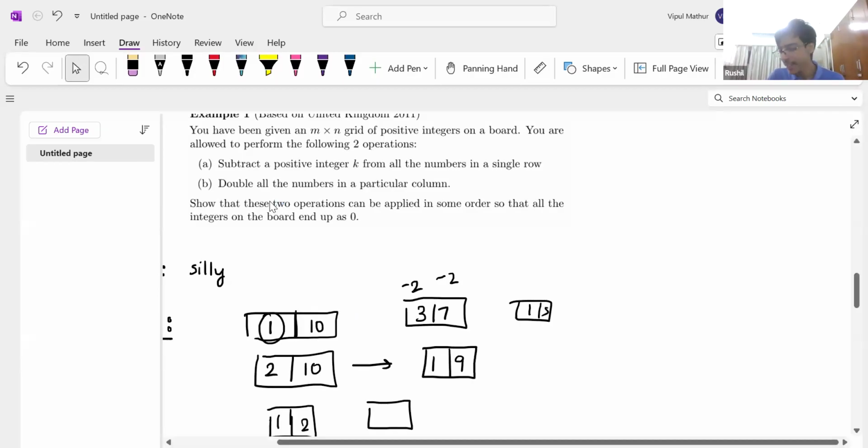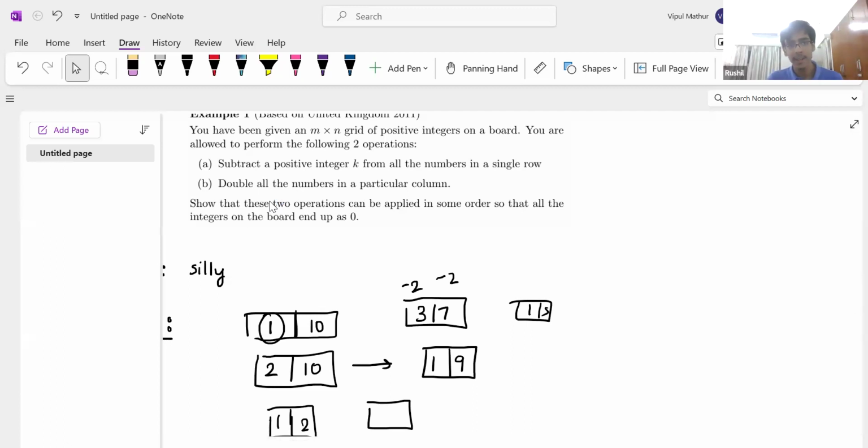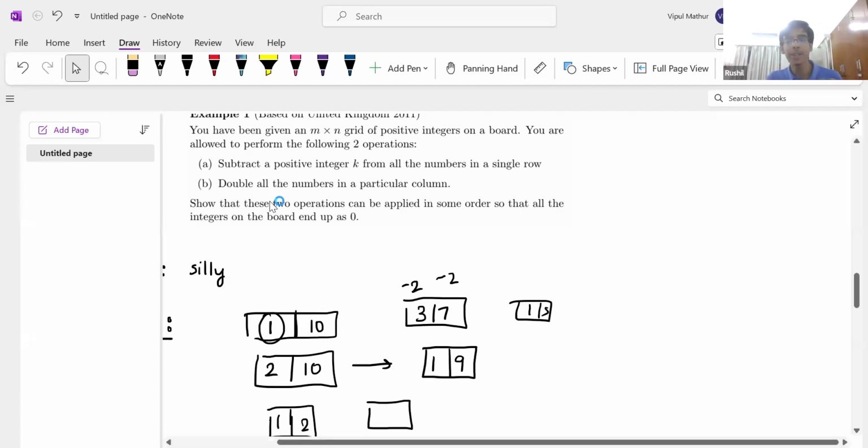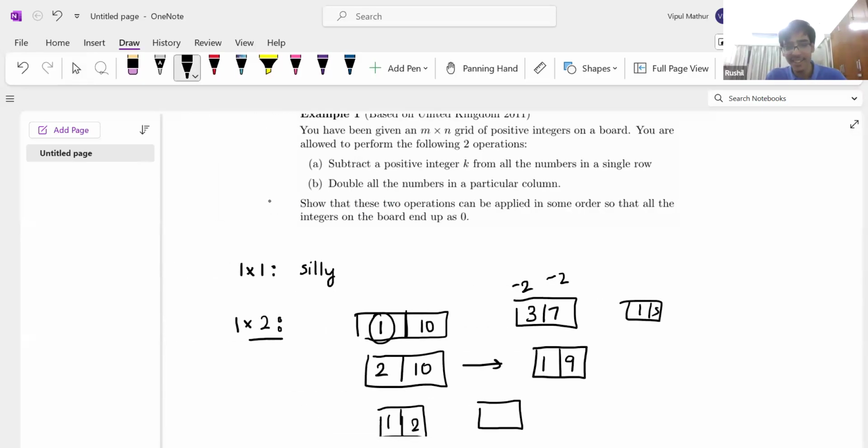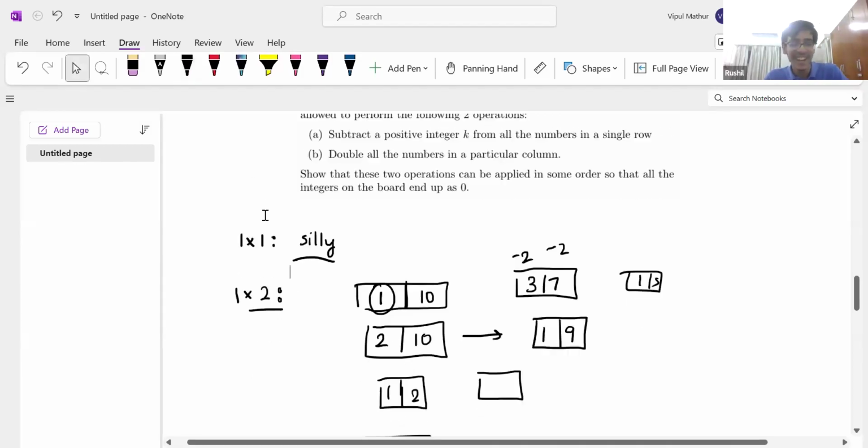And even if the algorithm does happen to be very different for a general M and N, there's still a lot of intuition that you can get. Exactly. The moral is to experiment with the simplest case. Okay, the simplest case here was a bit silly, but the second simplest case.